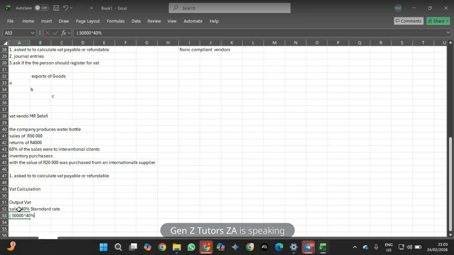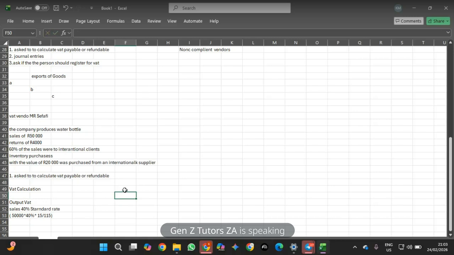And after you multiply by the 40%, then you multiply by your tax fraction. Our tax fraction for this is going to be 15 over 115, right? So 15 over 115. This would be your normal calculation in this scenario.